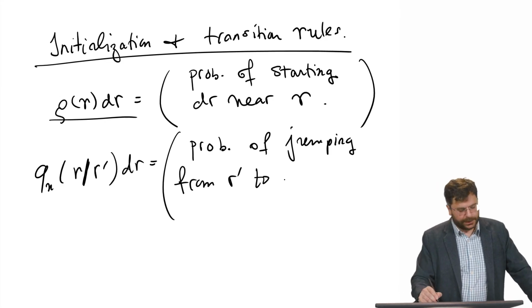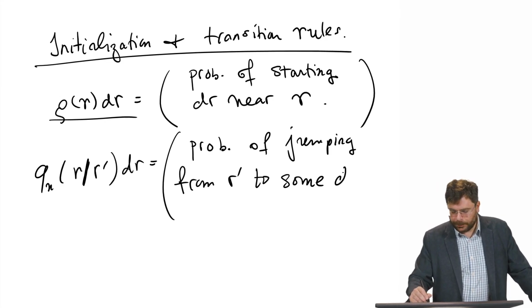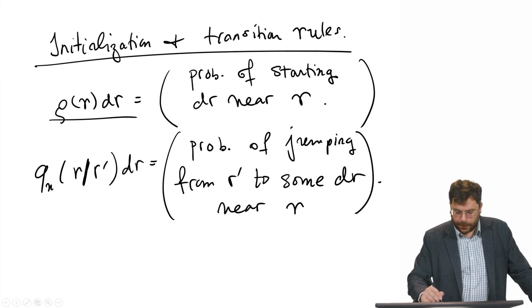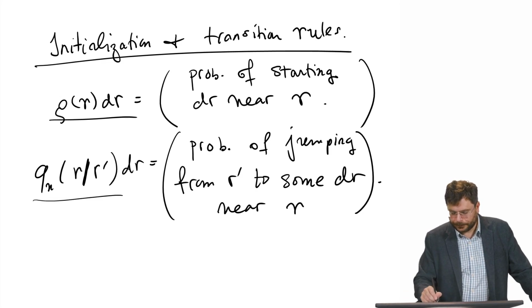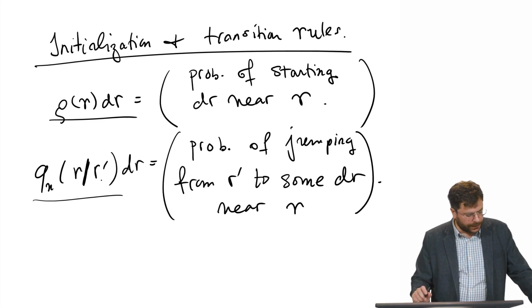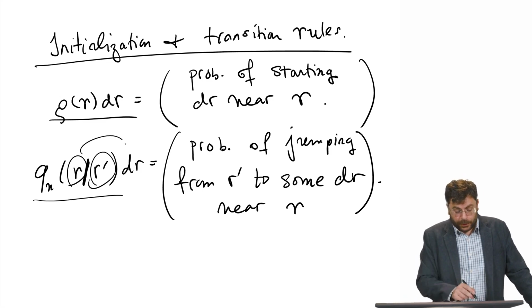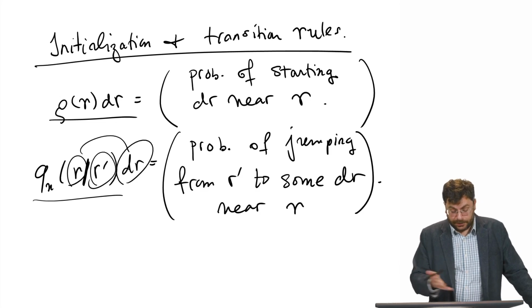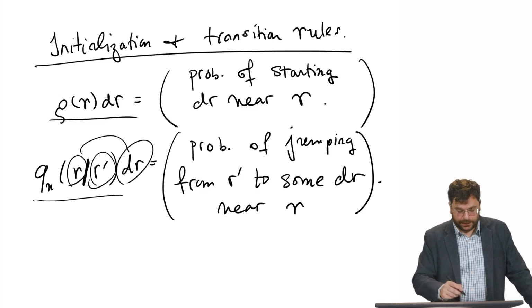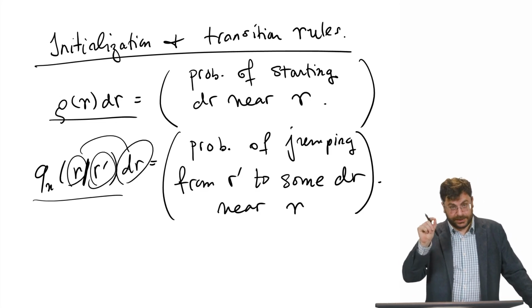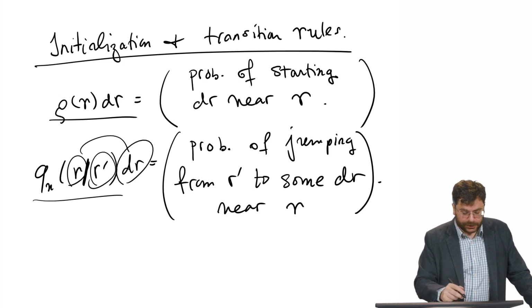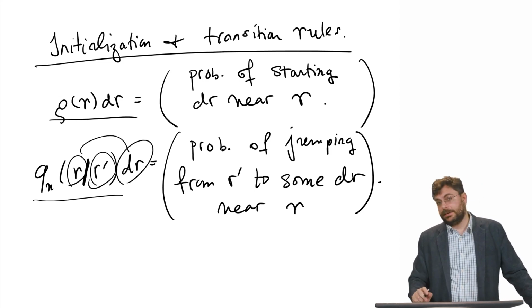It is the probability of jumping from R prime to some dr near R. In other words, what we're doing is describing a transition density in going from some very specific R prime to some general region dr around R.